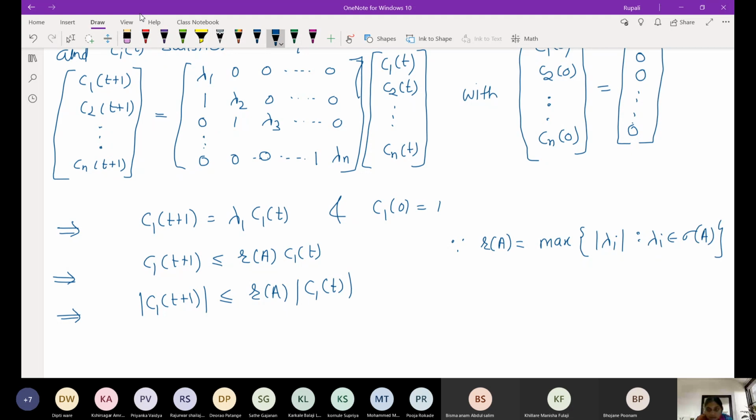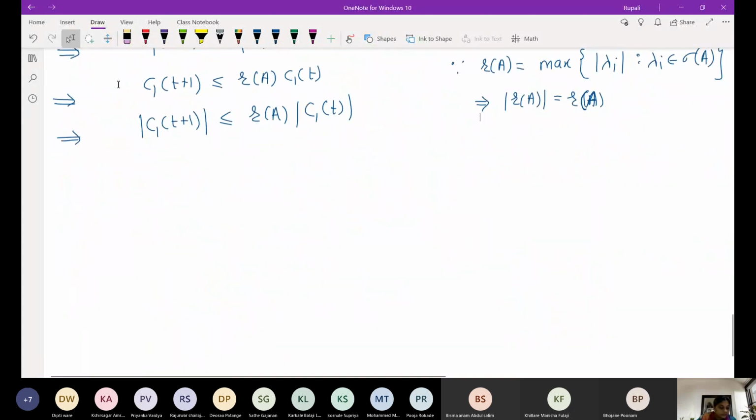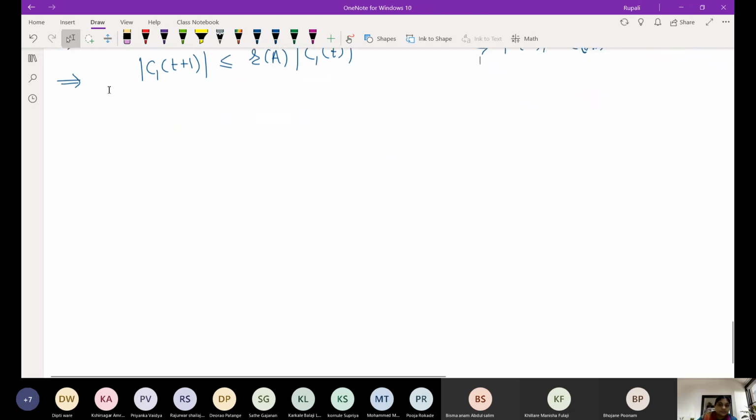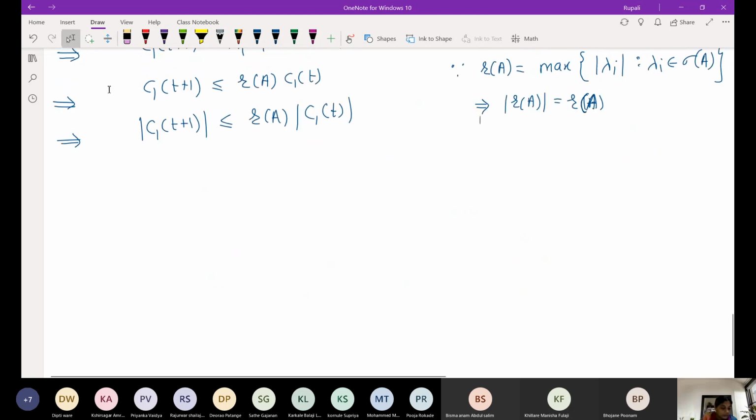So the modulus of R(A) is nothing but R(A), because it is always non-negative. So instead of the modulus, I am writing just R(A). Is that okay? Yes, ma'am.